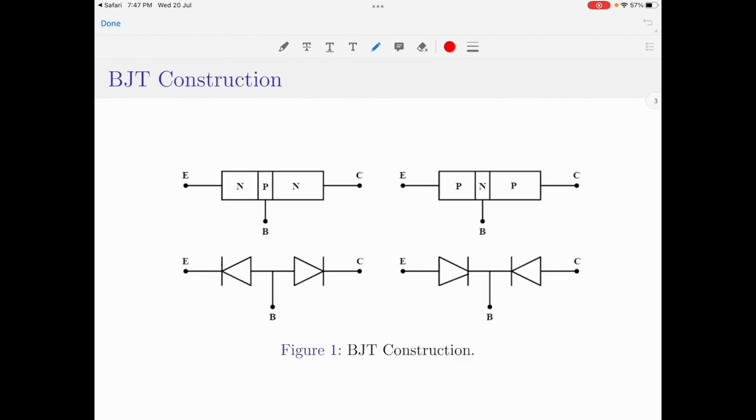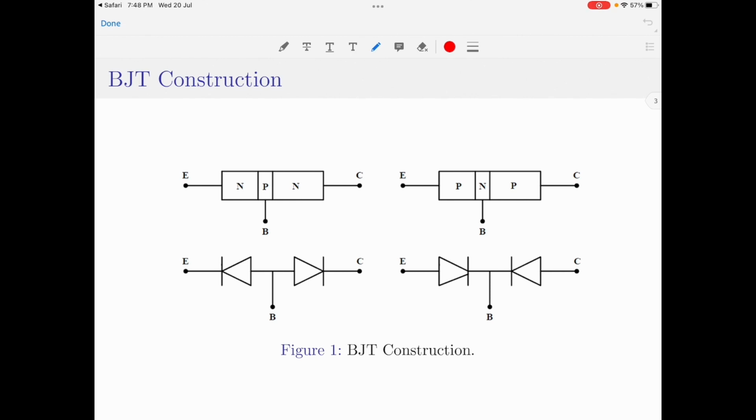Let us now talk about forward or reverse biasing this device. Please note, even though it is a simple extension of a diode, the doping concentrations of the regions of the BJT are not all the same. The three regions, NPN or PNP, have different doping concentrations. The highest doped semiconductor region in a BJT is called the emitter.